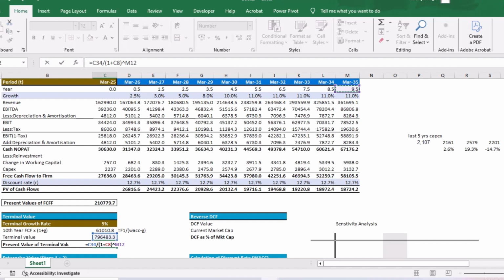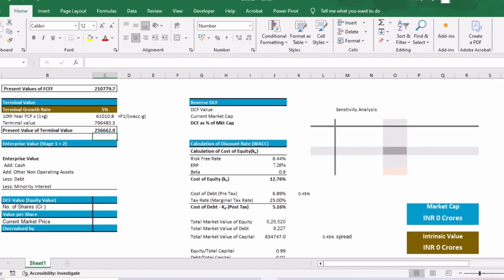So we need to take it to year 0, FY25. So this is our present terminal value, and next, enterprise value beforehand, it is the sum of this plus this.